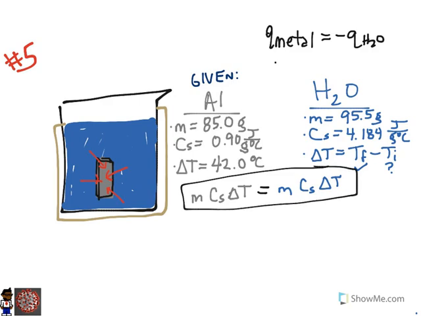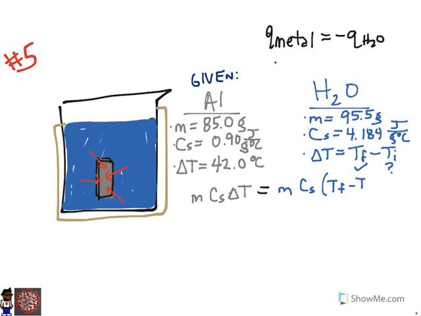Problem is, what we're trying to solve for is actually embedded in that delta T. So instead of writing delta T, we'll just go ahead and write parentheses final temperature minus initial temperature.